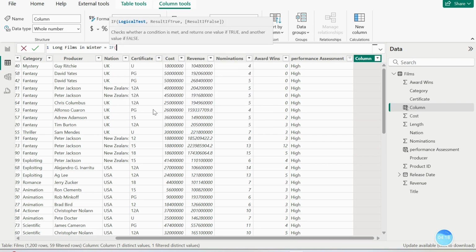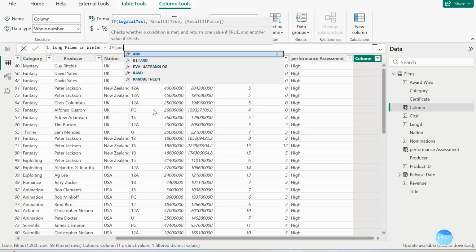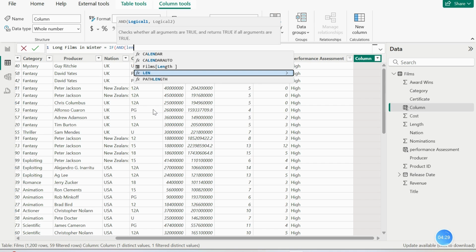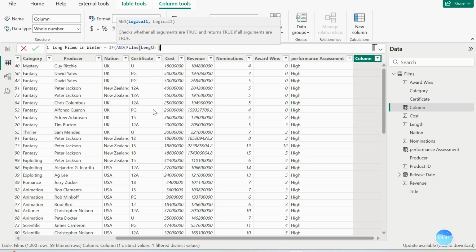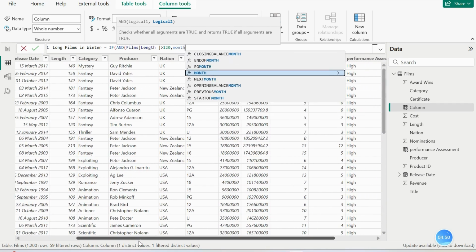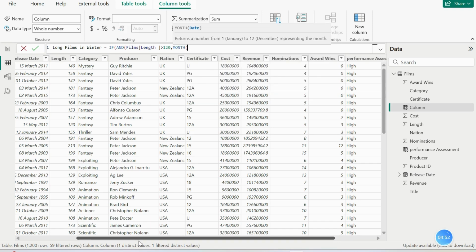We need two indicators. One is the movie's runtime: the length of the movie is longer than 120 minutes. At the same time, the release date of the movie is in December. Because we just have the date data, we have to use the MONTH function to convert the date data to the month data.